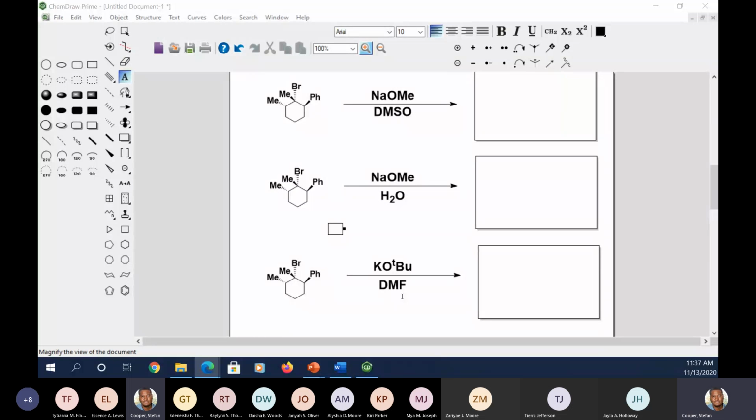Okay, if I look at my first compound up top, which is the same for all three, I need to classify it first to give myself a clue to understand how to do this. What type of alkyl halide do I have here?